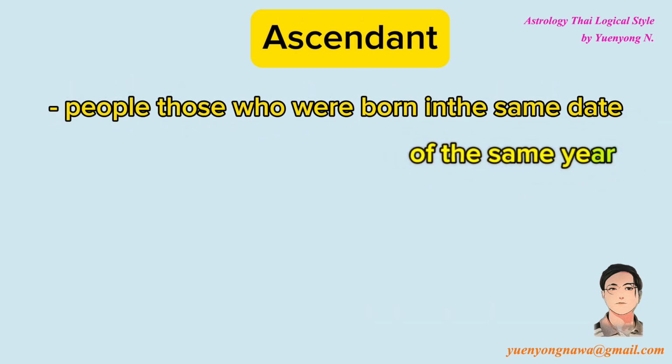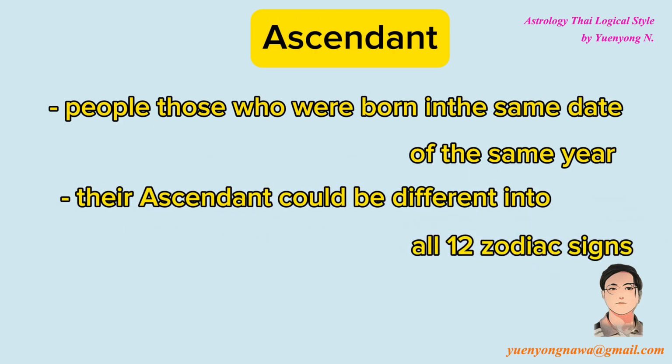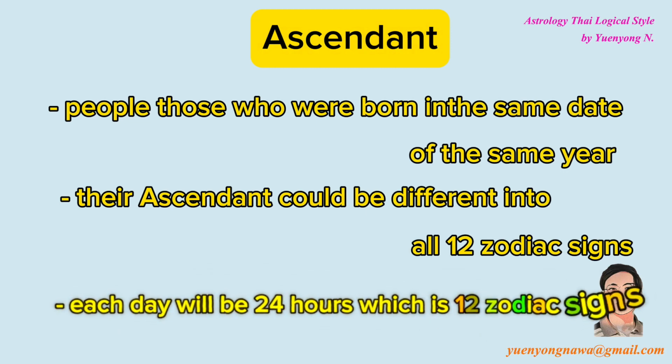For the people who were born on the same date of the same year, their ascendant could be different across all 12 zodiac signs because there could be 12 signs in each day. For the one whose sun, 1, sits on a specific sign, we could use that sign to be a first condition. If he or she was born during 6 o'clock to 8 o'clock a.m., approximately, his or her ascendant will be truly in that specific sign.